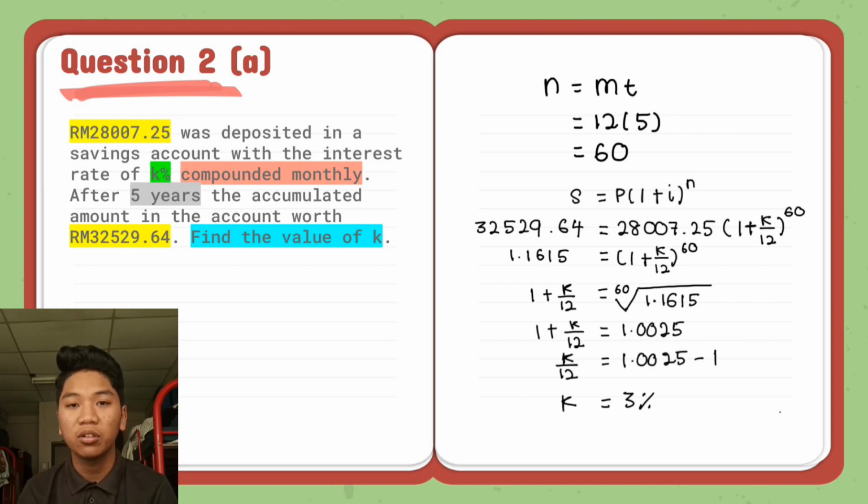Calculate it and we get 1.1615 equal to bracket 1 plus K divided by 12 the power of 60. Then, take the 60th root of 1.1615. Calculate it and we get 1.0025. So K divided by 12 equal to 1.0025 minus 1. The final answer, K equal to 3%.